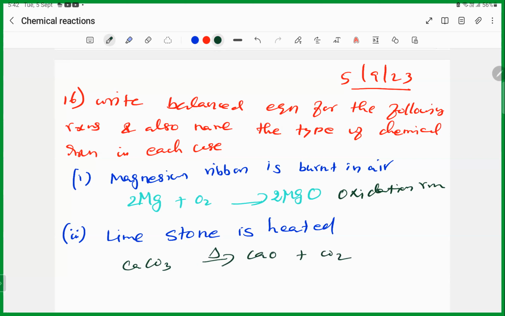Balance it yourself. So what type of reaction is this? Decomposition reaction. No, another type. Correct, thermal decomposition. Thermal decomposition reaction. Then what else? Reduction. Very good.